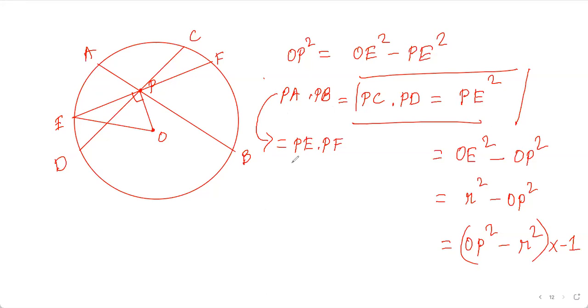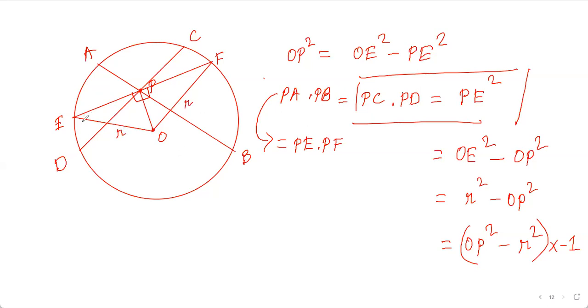Okay, what can you say about the length of PE and PF? Anyone? Suppose I join O and F. This is 90, this is 90, right? Fine. And this is R, the radius. These two are radii.